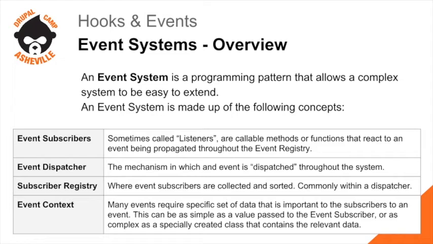You can think about it being the mechanism that broadcasts the event. You have the subscriber registry, which is just a list of all subscribers to events. And you have the general context, which is sort of a vague notion of what data is sent along with the event broadcast.